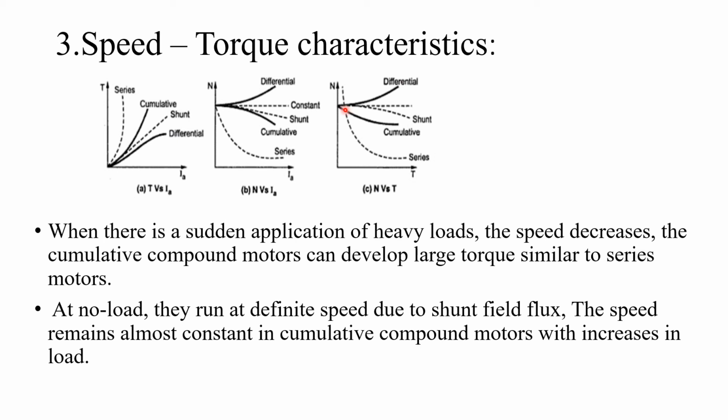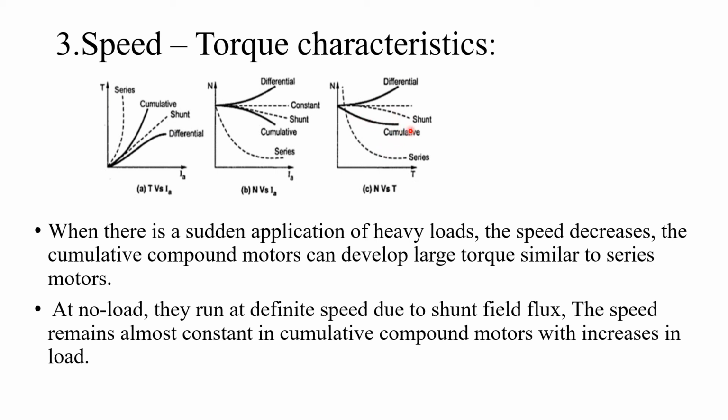When there is a sudden change in load from no load to full load, or if the load on the motor increases, the cumulative motor will run at an almost constant speed, and if the load decreases, it will also run at almost constant speed, so they show characteristics in between the shunt and series field machines, like here.